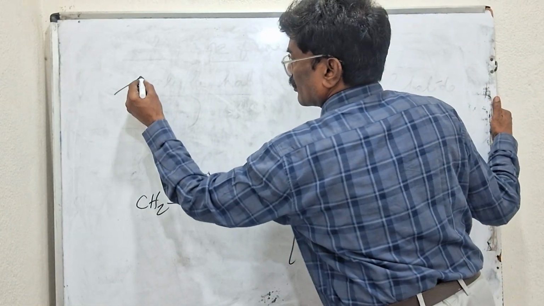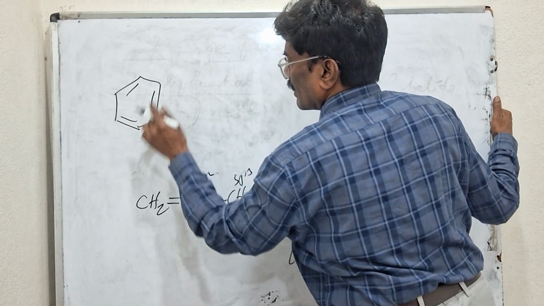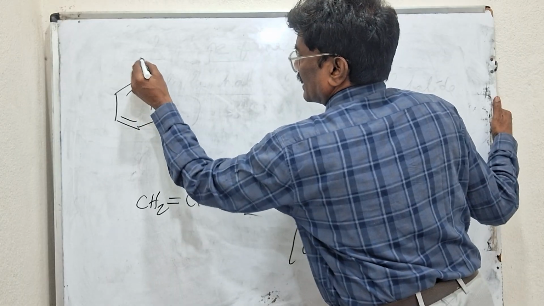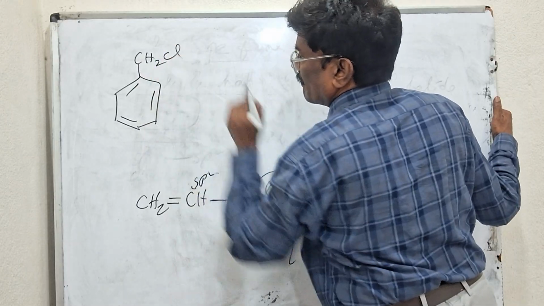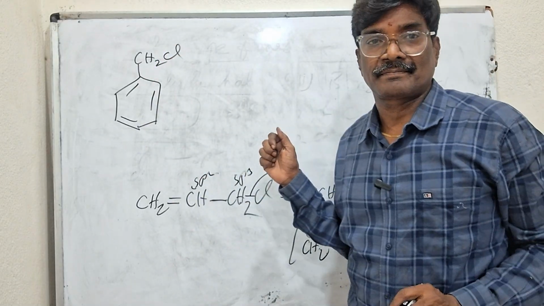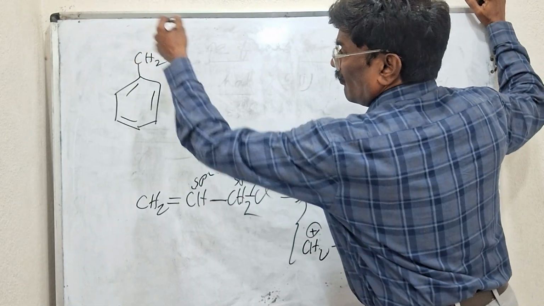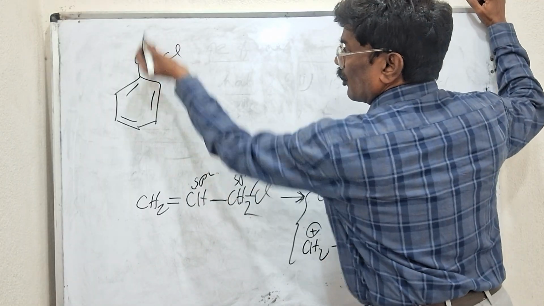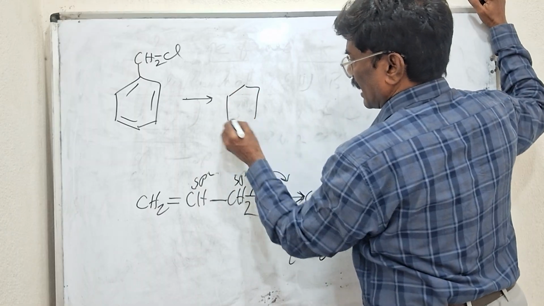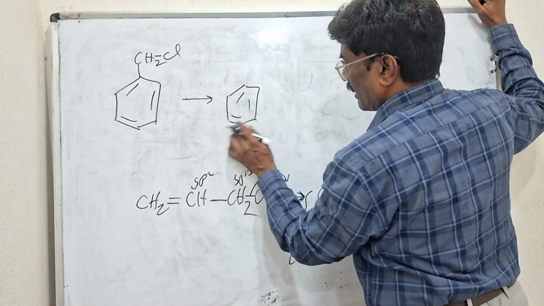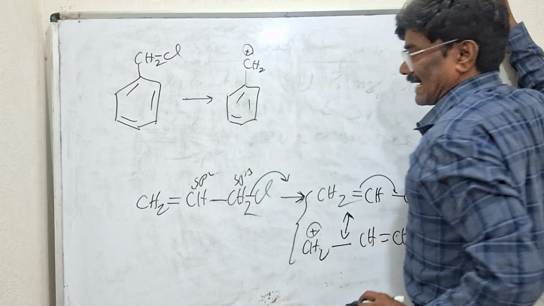On the benzene ring we write CH2Cl. Its name is benzyl chloride. When the leaving group Cl goes out, what happens? We get a carbocation on the benzene ring, CH2 plus.